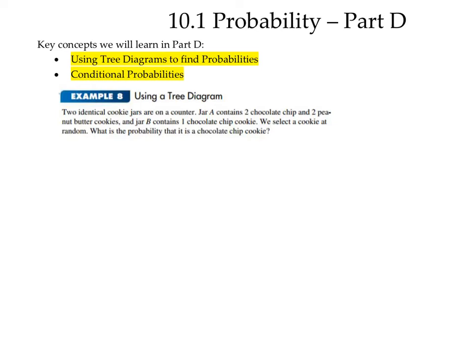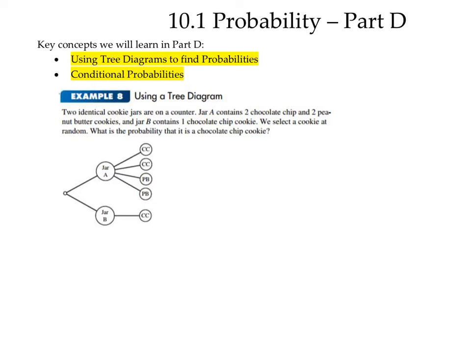Well, since there are a total of 3 chocolate chip cookies out of 5 total cookies, you might think the answer is 3/5. You'd be wrong. Let's take a look at this with a tree diagram. In this diagram, we show every possible route to selecting a jar and choosing a cookie.